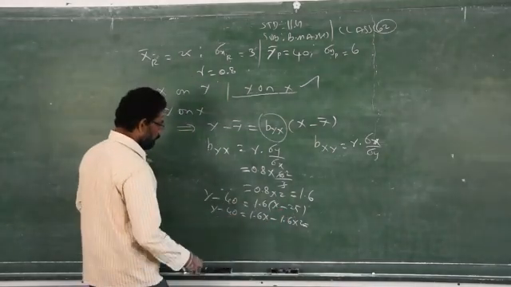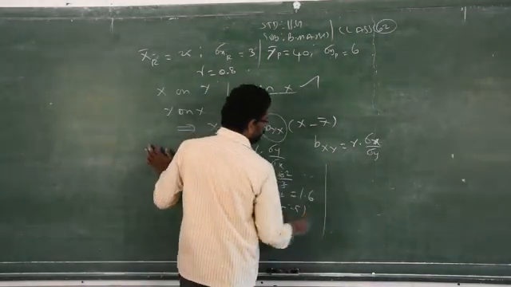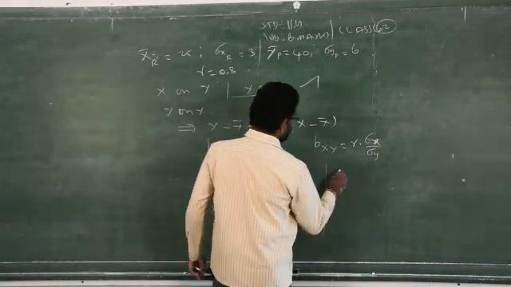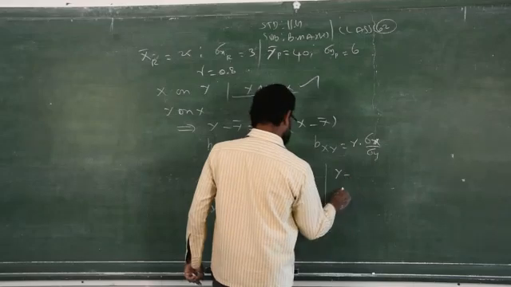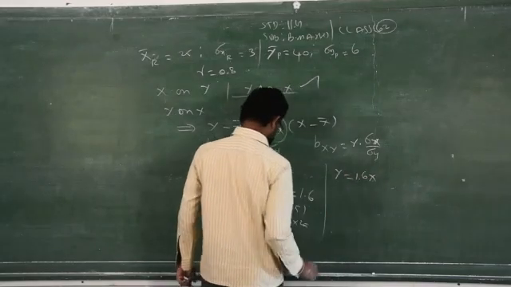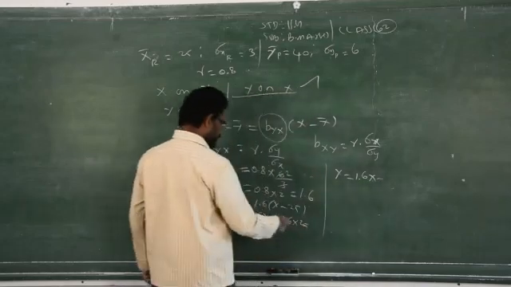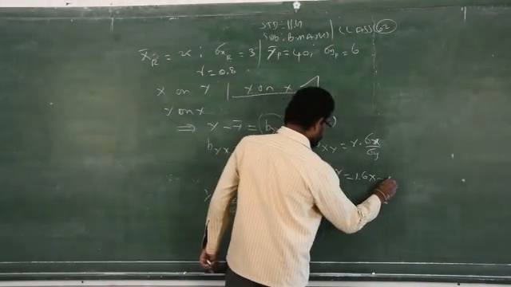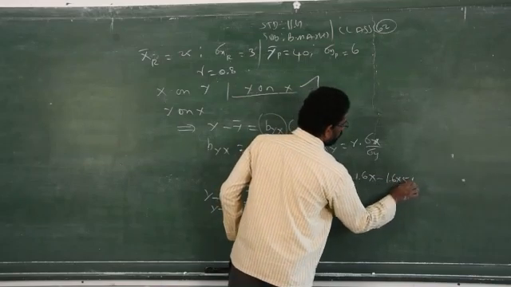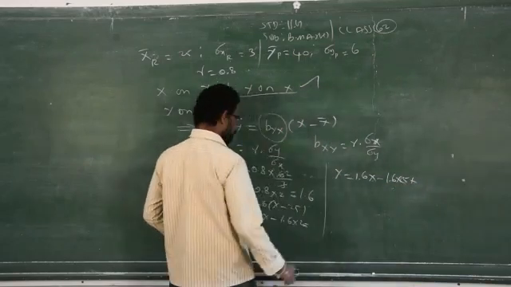Then after that you have to keep y alone on this side: y is equal to 1.6 x minus, multiply these two, 1.6 into 25, plus 40.